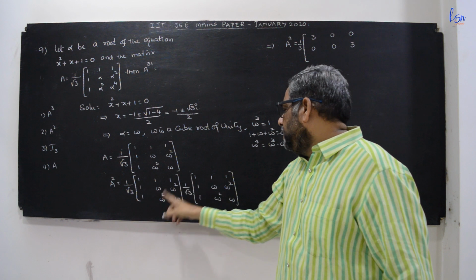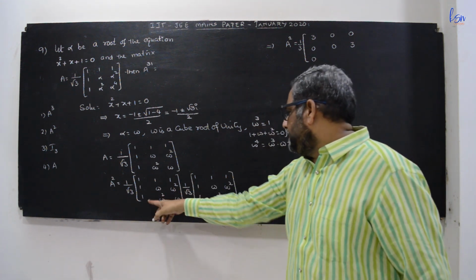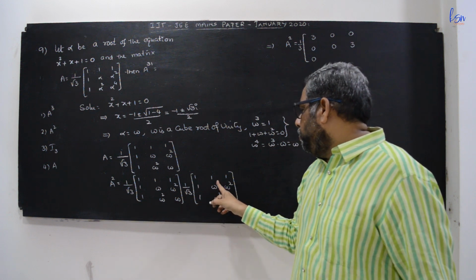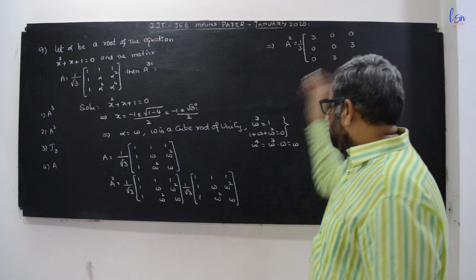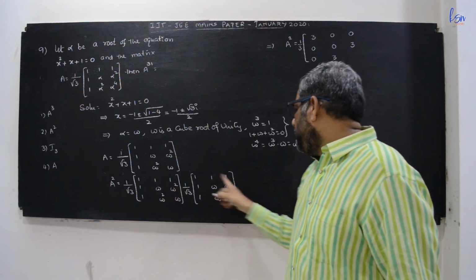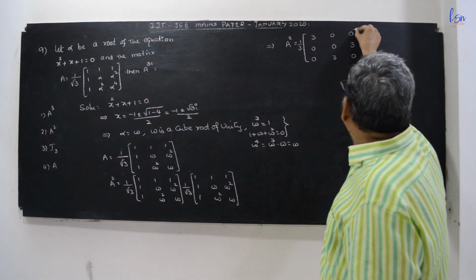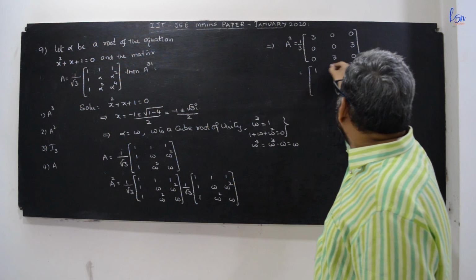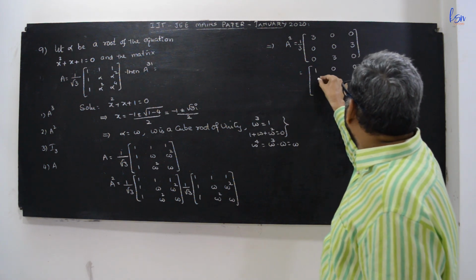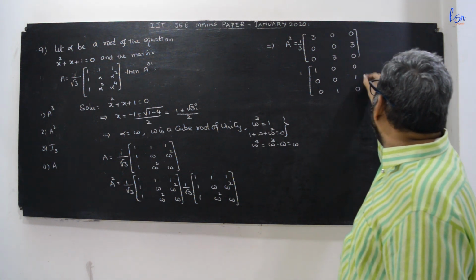This is 1 plus omega square plus omega, 0. This is 1 plus omega cube, 1 plus omega cube, 1. This is 3. This is 1, omega power 4 is omega, plus omega square, 0. You can take 3 common so that it will become 1 0 0 0 0 1 0 1 0.